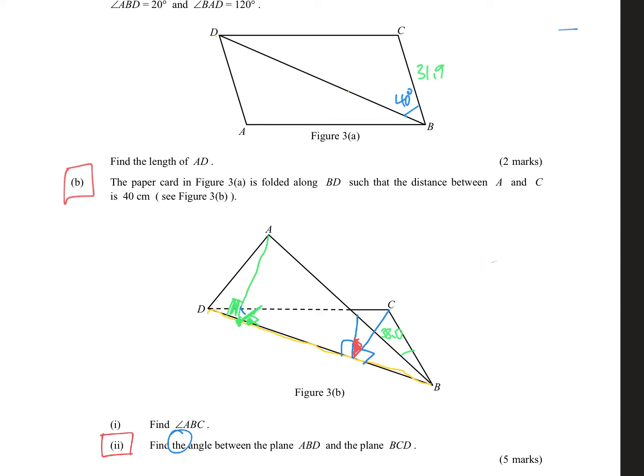Then we have to denote some points: this is E, and this is F. Here it would be better if we can use the 2D paint, or the unfolded figure, to illustrate where the points E and F are.